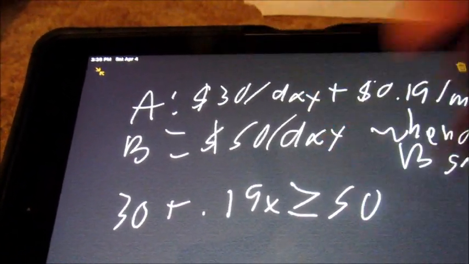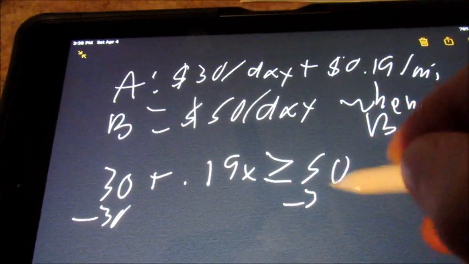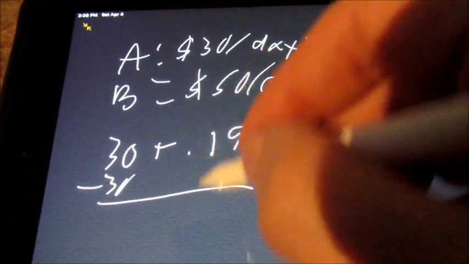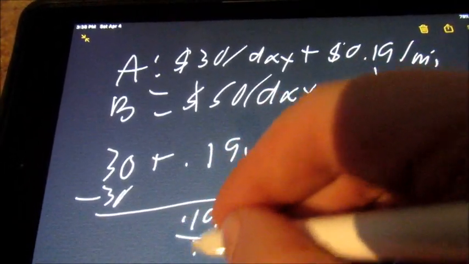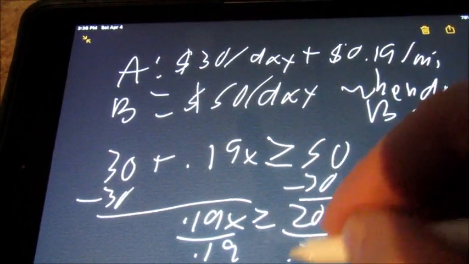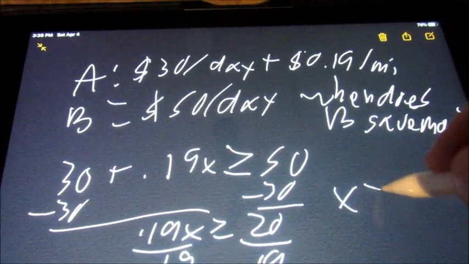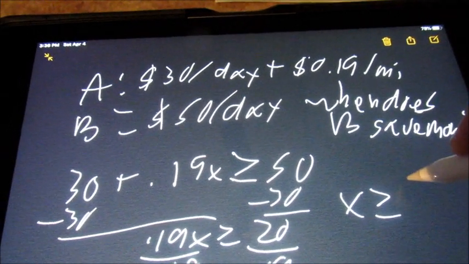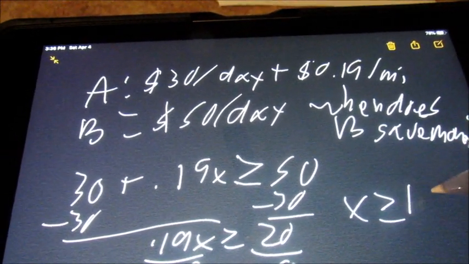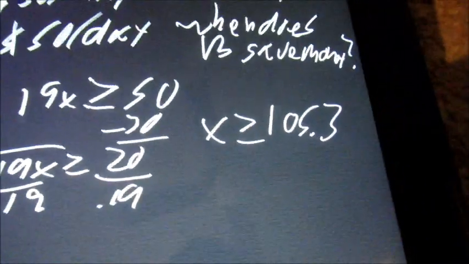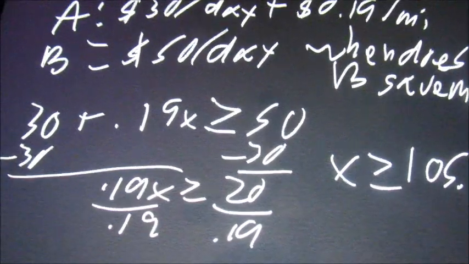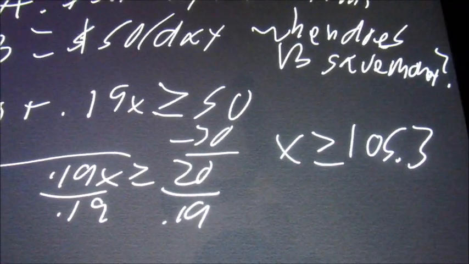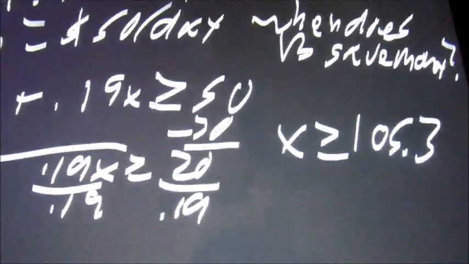So to solve, we're going to subtract 30 from both sides. We're going to get 0.19x greater than or equal to 20. Divide both sides by 0.19. And we get that whenever x is greater than or equal to 105.3 miles, that means that we're better off going with B, because that means that it is less.